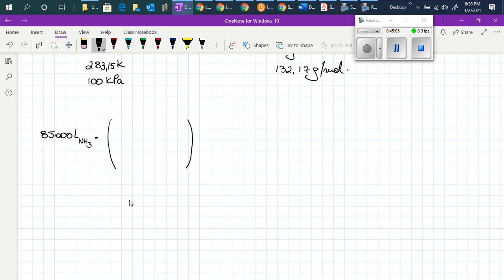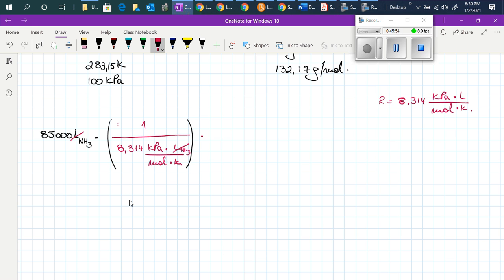Our R value is 8.314 kPa·L over mole K. If we write 8.314 in the numerator, then we cannot cancel the liters because both of them will be in the numerator, so we will write the liters in the denominator over mole K. So liters of NH3 are canceled out.